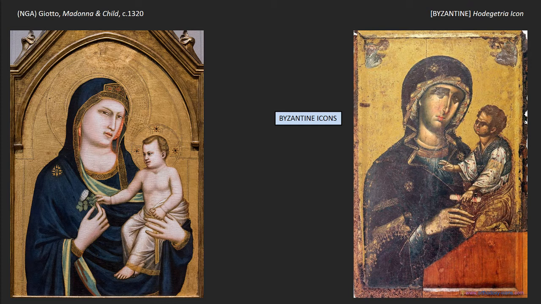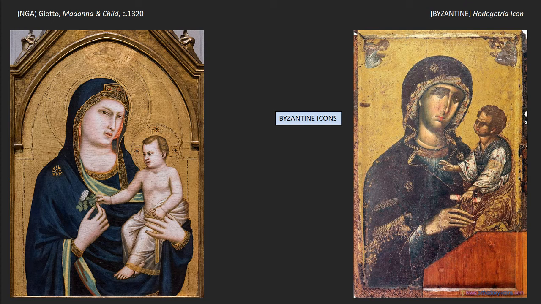So the types are named. There's one where she's nursing him. In this case, it's called a Hodegetria icon. And what Hodegetria means in Greek is the one who points the way.